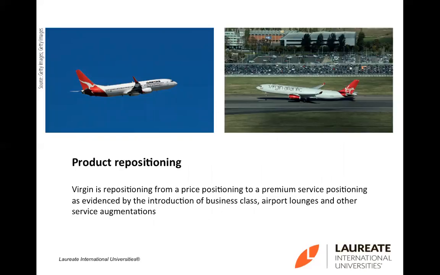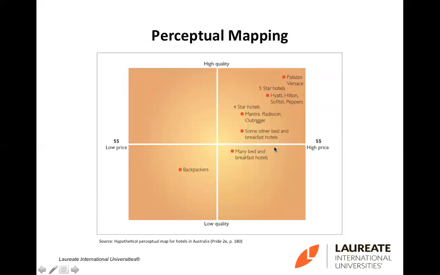If you go back to the previous mapping, they were pretty much in the low price, high quality position, offering the same quality at a cheaper price. But now they say, I'm not that budget airline anymore. I'm now Virgin Australia. I'm not competing with Jetstar anymore. I'm competing with Qantas instead.